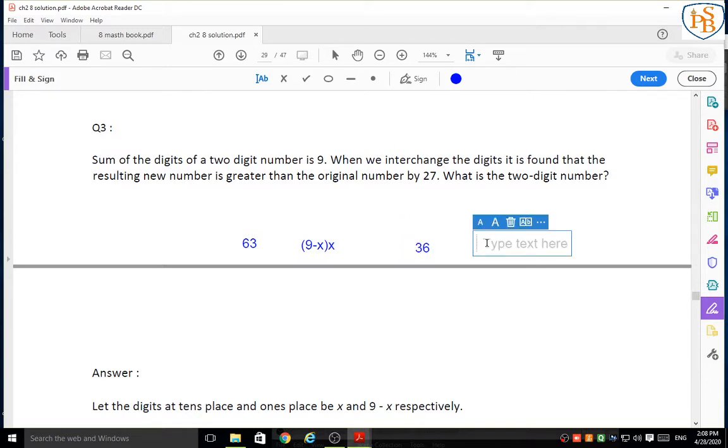At the ones place suppose it is x. So what will be at the tens place? The sum is 9. If I subtract this 6 from the 9, I get the number present at the tens place. So 9 minus x. In this way both numbers are there.